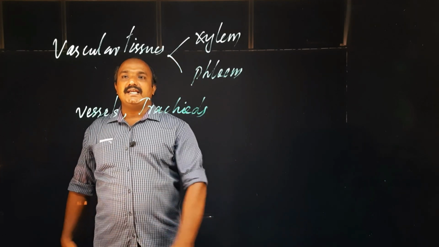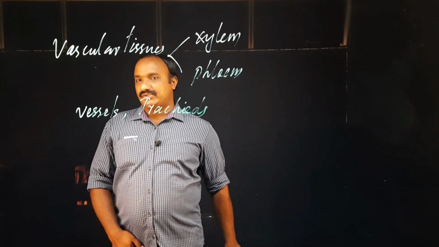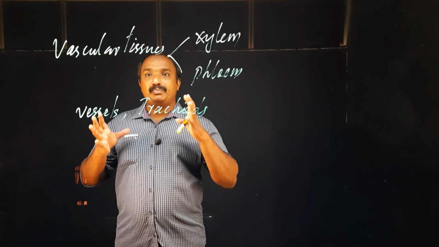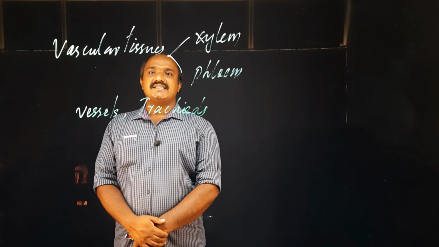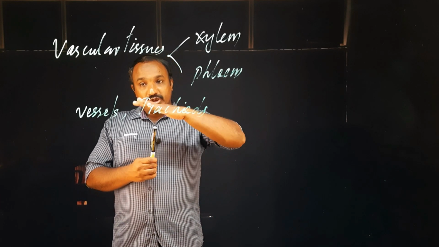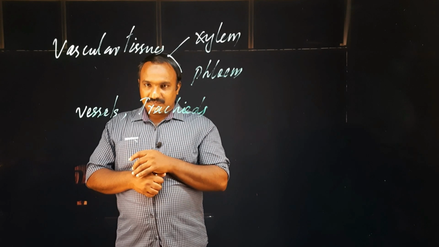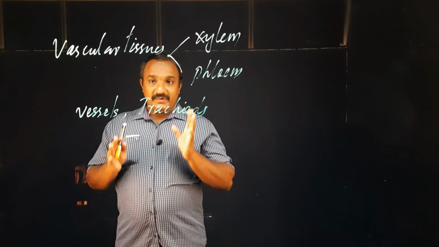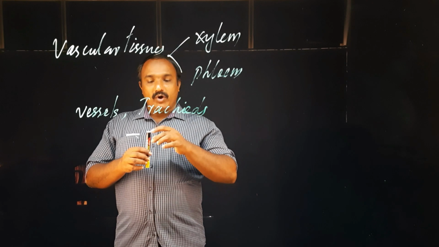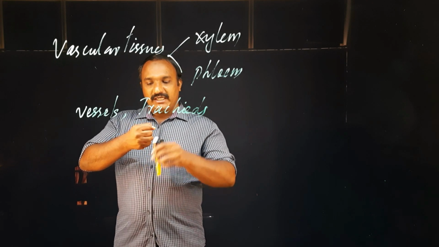Vessels are larger in size than the tracheids. Both are pipe-like cells. The vessels are arranged one on the top of the other, fixed in the plant in that way.